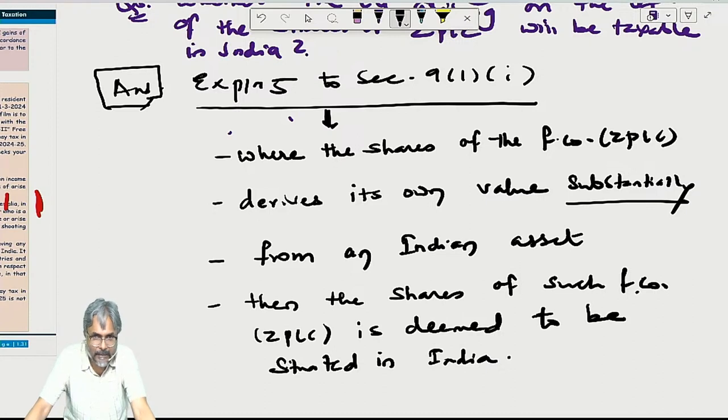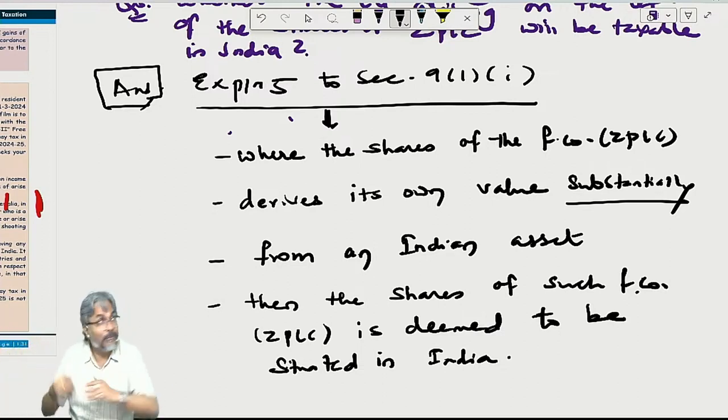Also, one more error. This is error number one, which I told you, that you may get carried away and say that then ZPLC would be considered an Indian company. This is the first wrong sentence on your part. Then there is one more wrong sentence that you will have. What is the second wrong sentence? You will say that where the shares of a foreign company derive their own value substantially from an Indian asset, then the capital gain is deemed to accrue in India. Why are you doing a direct conclusion?